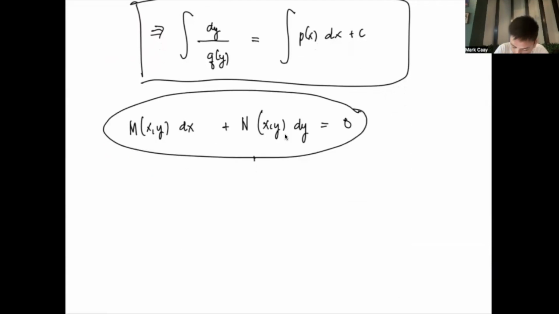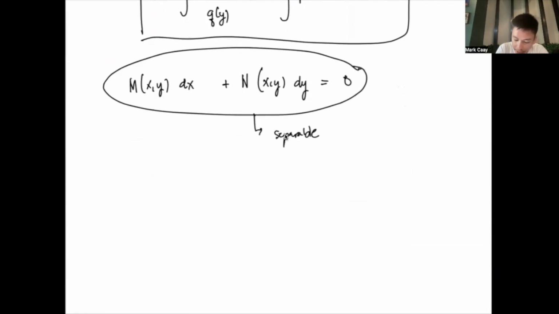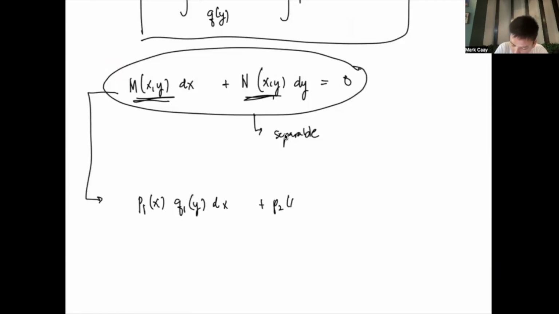So this becomes separable if m is a product of a function of x and a function of y, and also for n. So basically, this one can be transformed into p1 of x q1 of y dx plus p2 of x q2 of y dy equals 0.